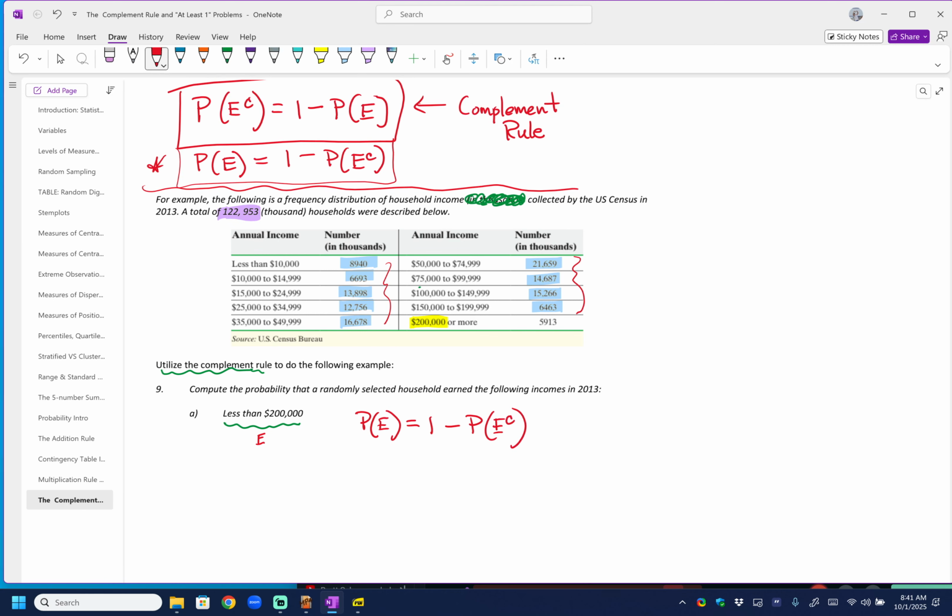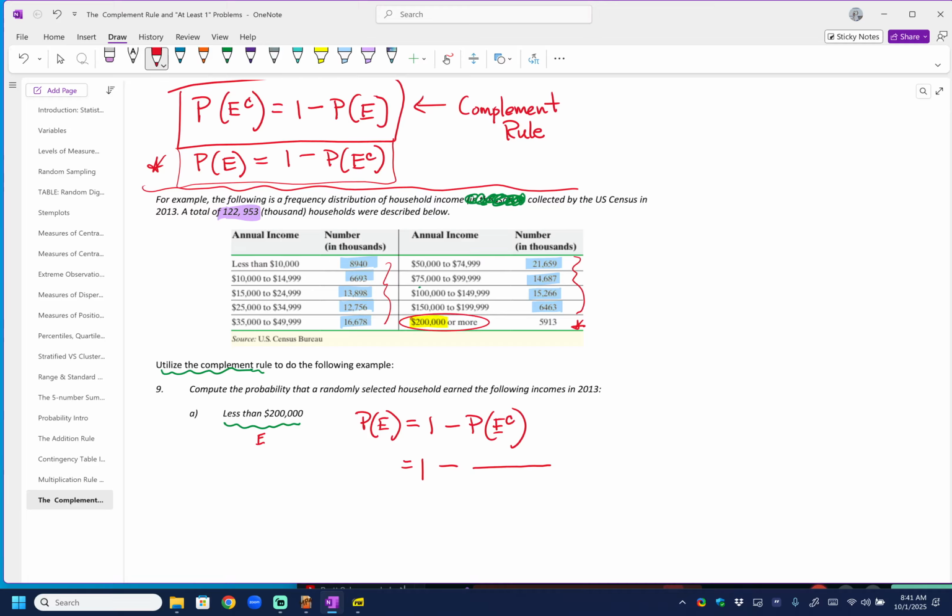Okay? So if you look at all of the blue highlighted, which I bracketed in red over here, there's only one item that falls in the complement of this scenario, and it's 5,913. Which means I should be able to do 1 minus the probability of this occurring.